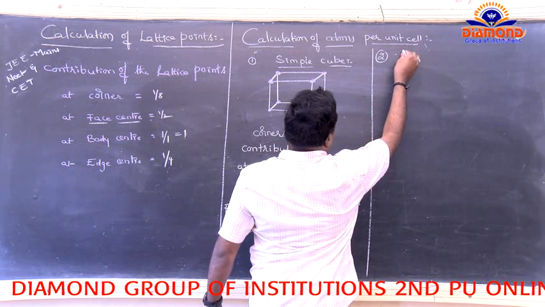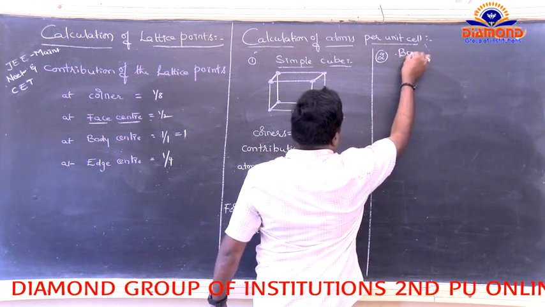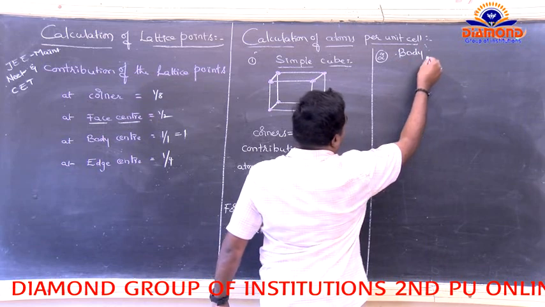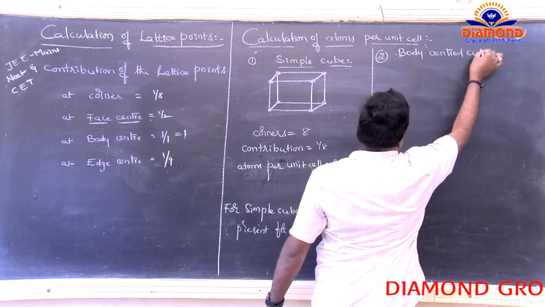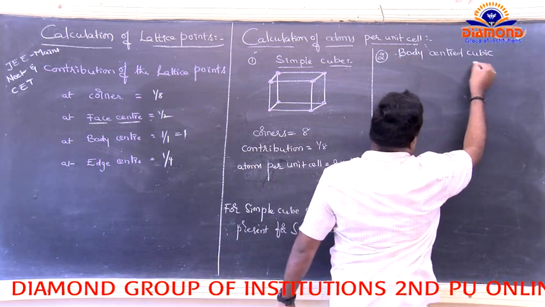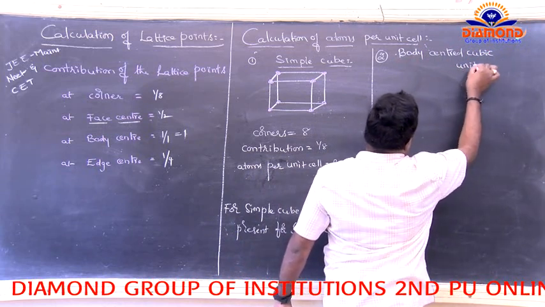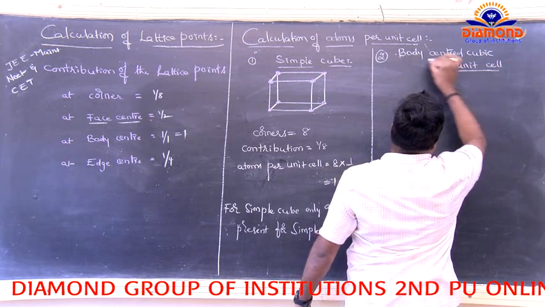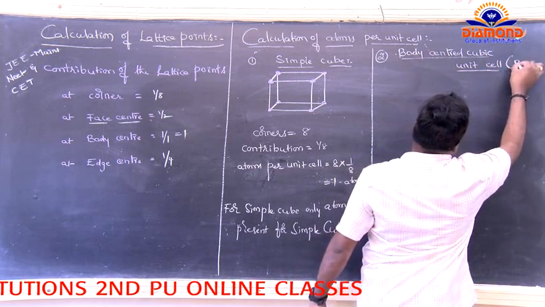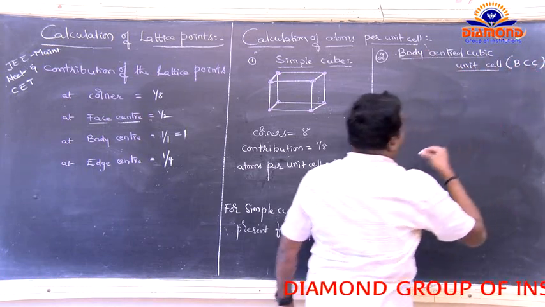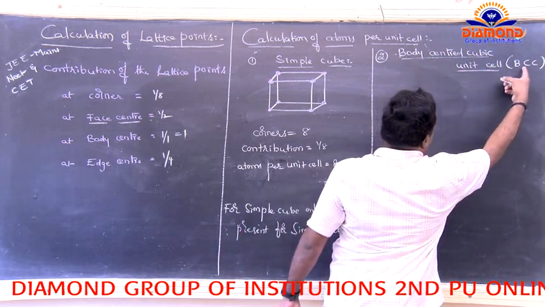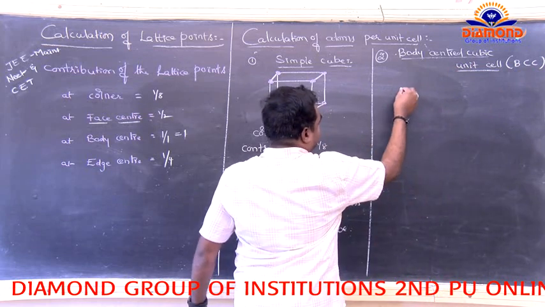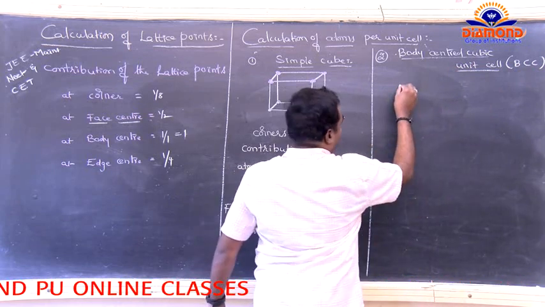Now come to the next one, the body centered cubic unit cell, which is BCC. Now the diagram for this one.